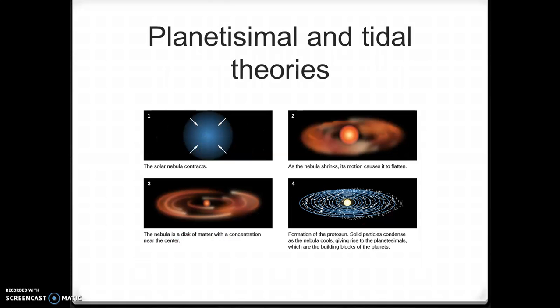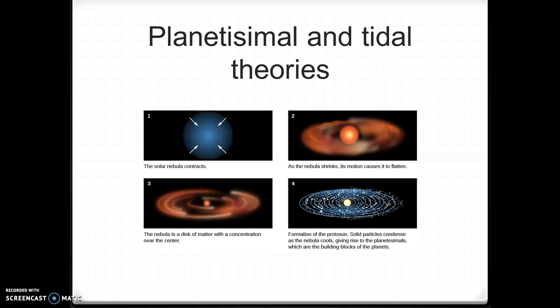Let's discuss another hypothesis explaining the origin of the solar system, what we call the planetesimal and tidal theories. Thomas Crowder Chamberlain and Forest Ray Moulton worked on the Kant-Laplace nebular hypothesis, which became the Chamberlain-Moulton planetesimal hypothesis.